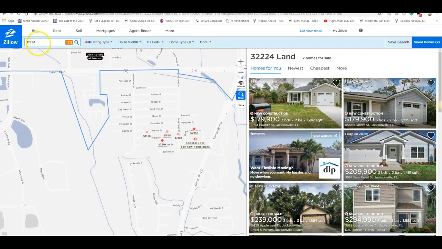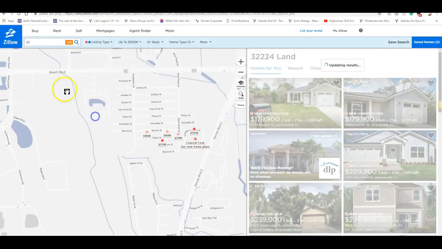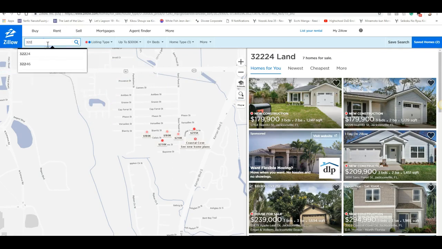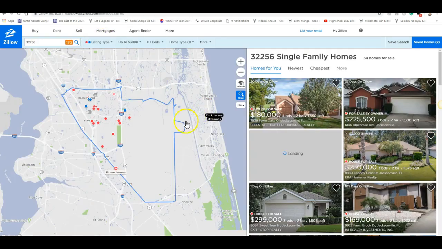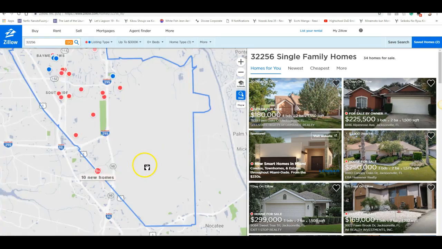Let's check out a different zip code. 32256. Oh, I hate when that happens. 32256. Let's see what we have. This is actually the zip code I live in.